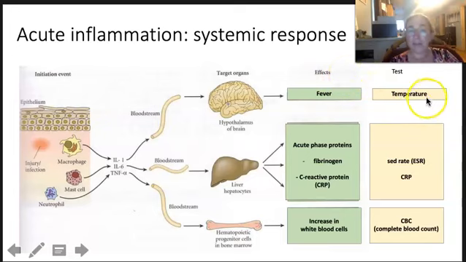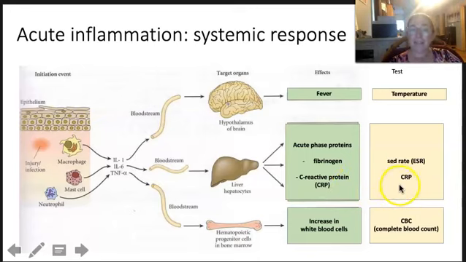You can measure fever using a thermometer to take temperature. You can measure fibrinogen by doing an erythrocyte sedimentation assay. Erythrocyte is a medical term for red blood cells. It's more commonly referred to as a sed rate, measuring somebody's sed rate or sedimentation rate of their blood. It sort of just measures how fast it clots.